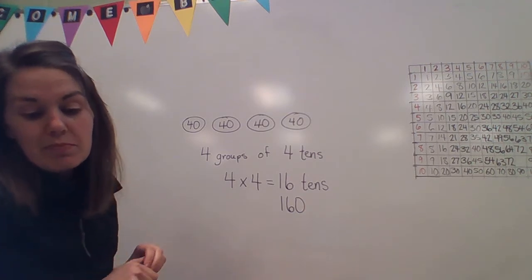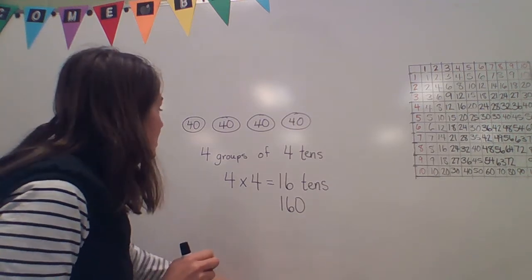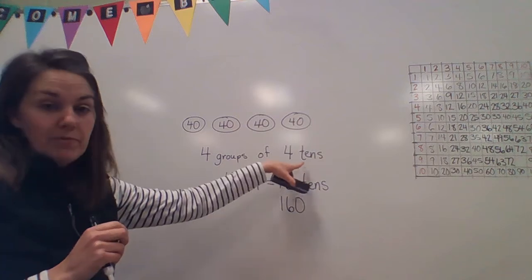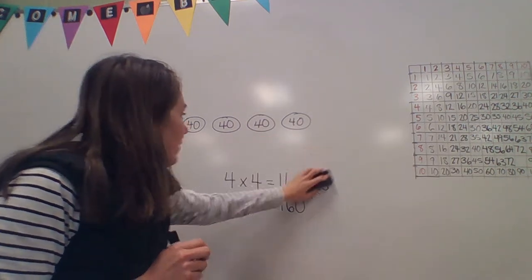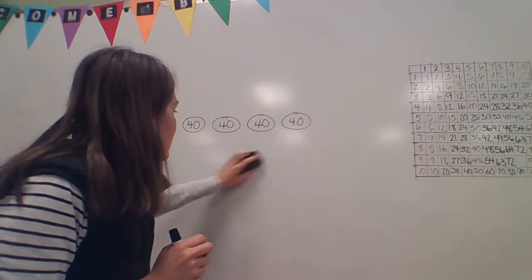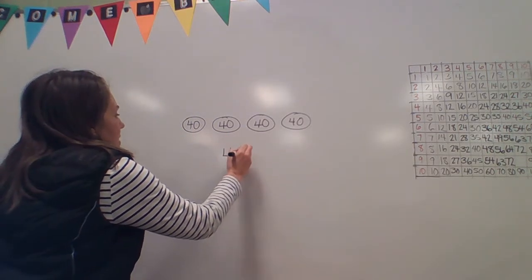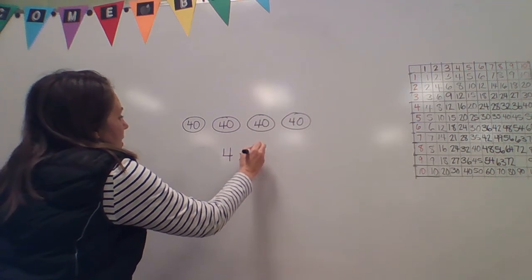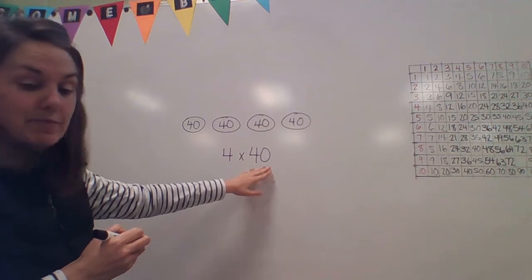Below that, it also says model it. You can also use factors and grouping to multiply with tens. So we did some of that. We multiplied 4 by 4 tens. But another way that we could break up our numbers is I'm going to go ahead and write out our equation. We have 4 times 40, right? That's really what we're talking about. 4 tens would be the same as 40.